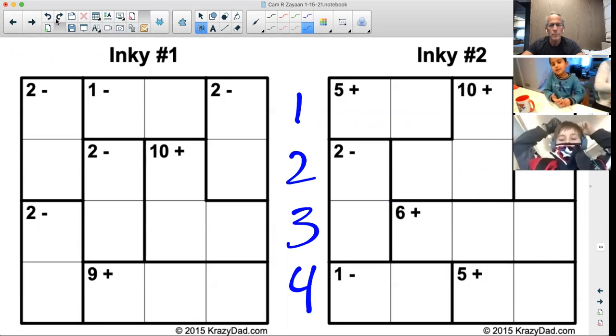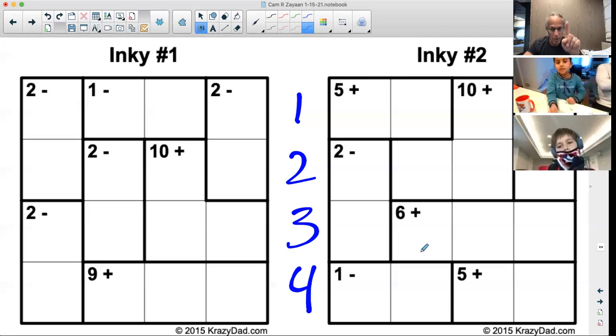2. No, that's only one number. There could be 4, 2 and 2, 4. 3, 2 and 3, and 1, 2, 3, and 1. 1, 2, and 3. So if you said 2, 3, and 1, you are correct. But guess what?